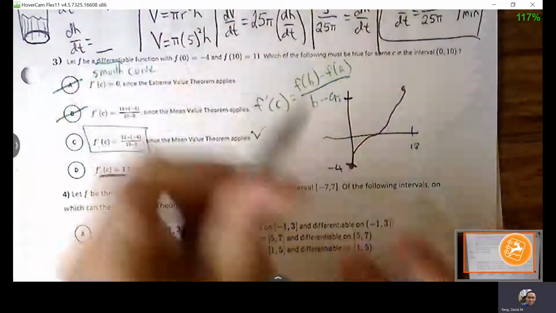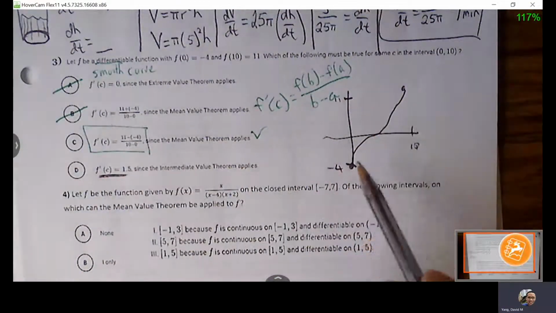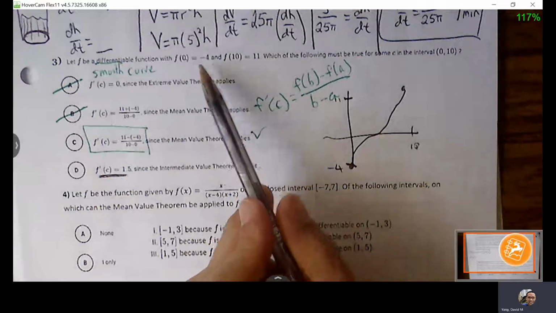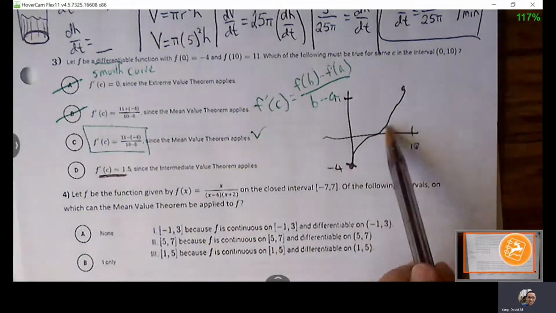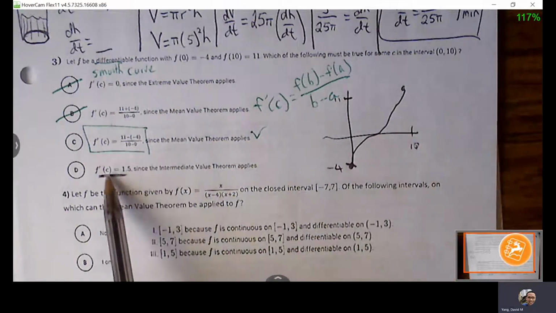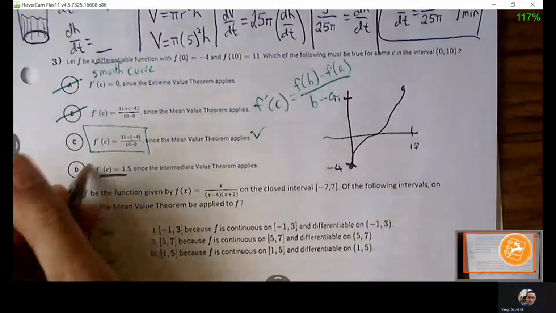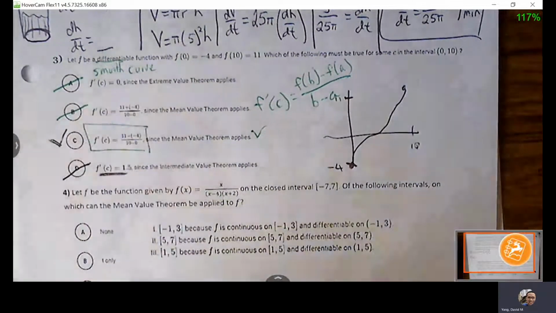The intermediate value theorem says every y value between -4 and 11 is going to be touched at least once. But here, that's not anything with IVT. So answer is D. Sorry, answer is C.